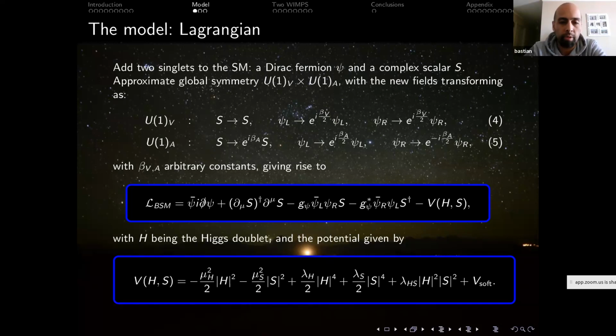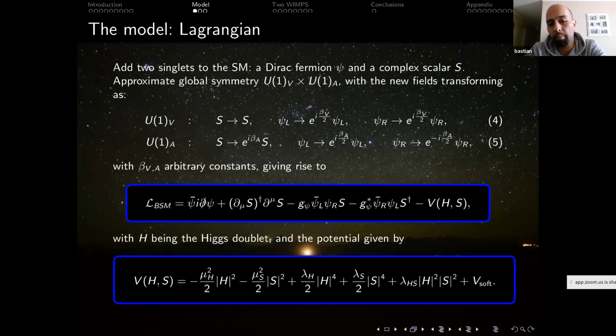The first two terms are the kinetic energy for each new field. Then you have this Yukawa-like coupling between the fermion and the scalar, and the potential, with capital H the Higgs doublet, where you can construct the typical terms for the singlet scalar and a Higgs portal.